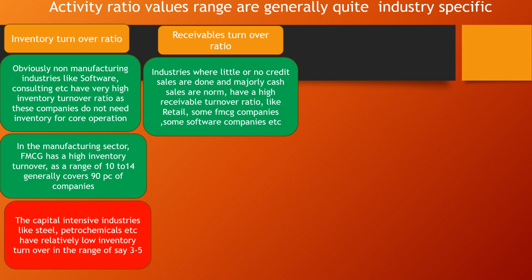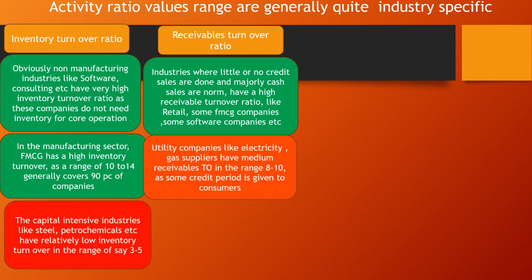The receivables turnover ratio. Industries where little or no credit sales are done and majorly cash sales are the norm have a high receivables turnover ratio, like retail, some FMCG companies, some software companies. Utility companies like electricity, gas suppliers have medium receivables turnover ratio in the range of 8 to 10, as some credit period is given to the consumers.